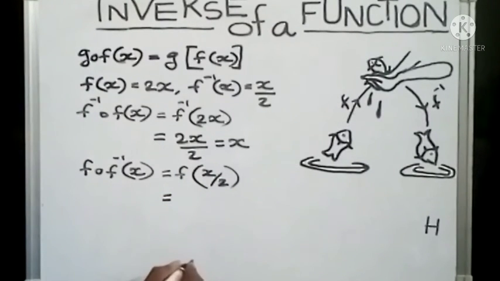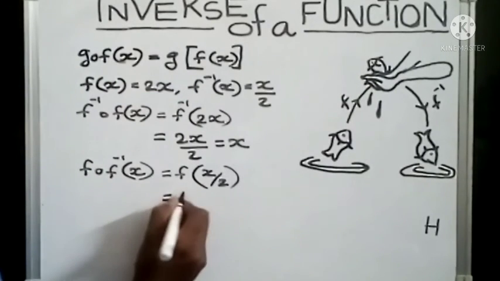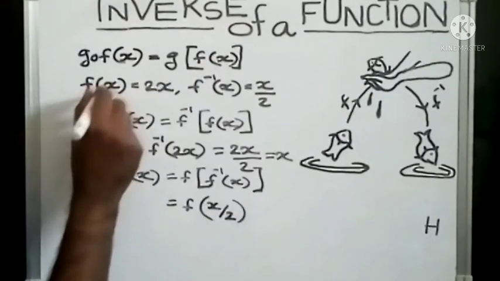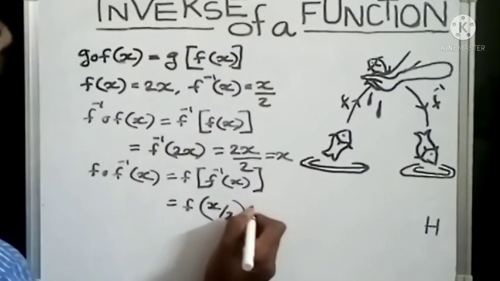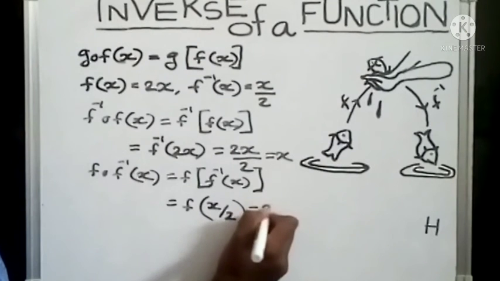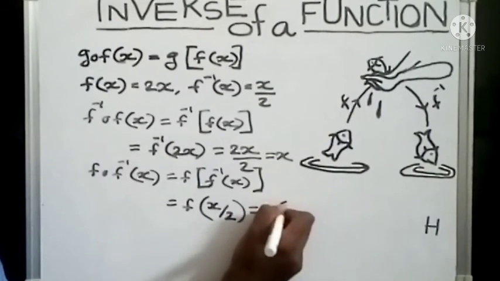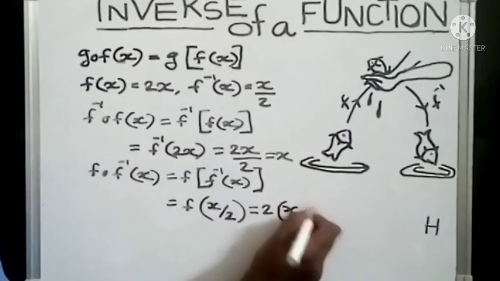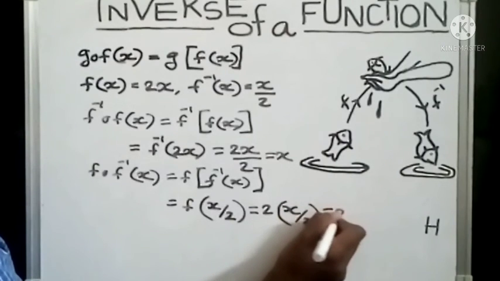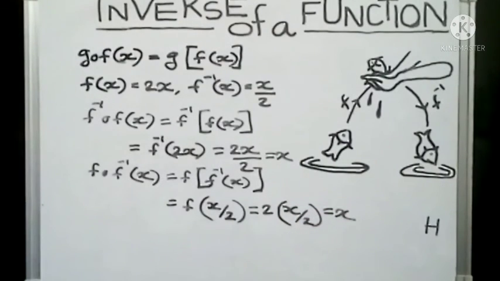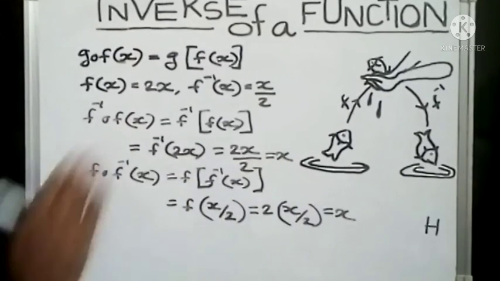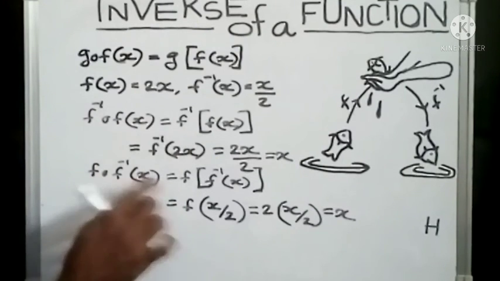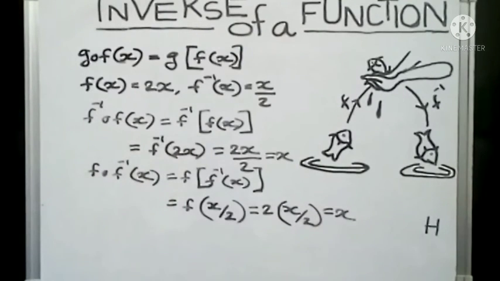We have f of x equal to 2x, doubling. Therefore, f of x by 2 equals 2 into x by 2, which equals x. Thus, f inverse of f of x equals x, that is the identity function, and f of f inverse of x equals x.